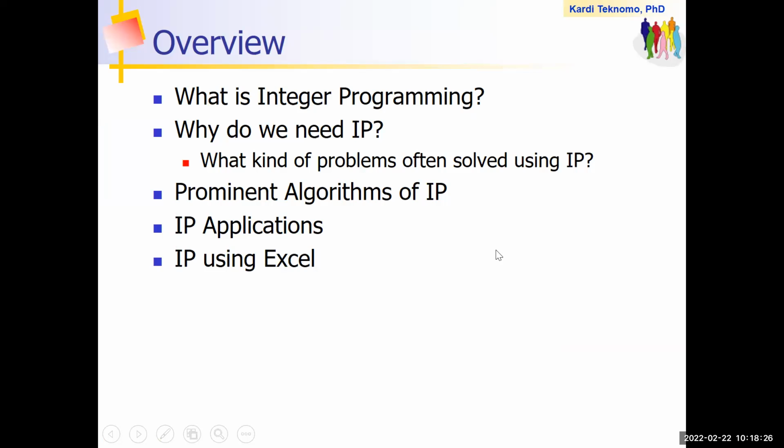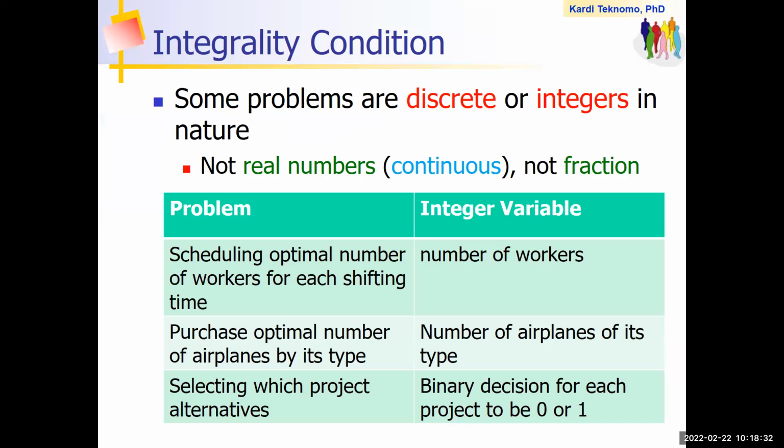What's the difference between integer programming and linear programming? That's the most important part there. Any problem that we have, sometimes we can see that this problem is actually discrete or integer in nature. They are not real numbers and not fractions.